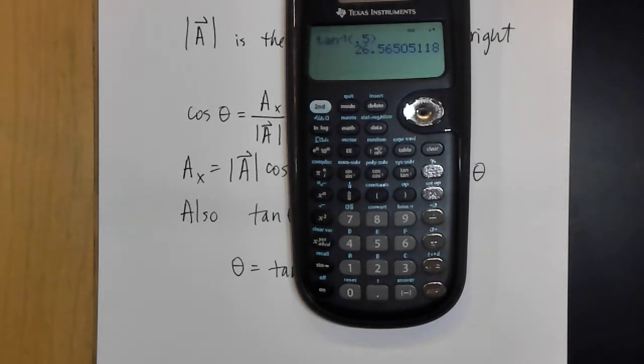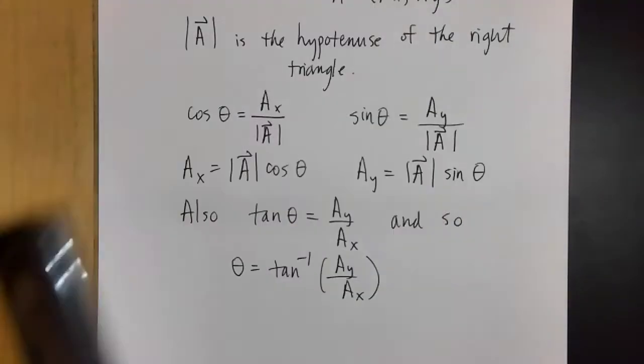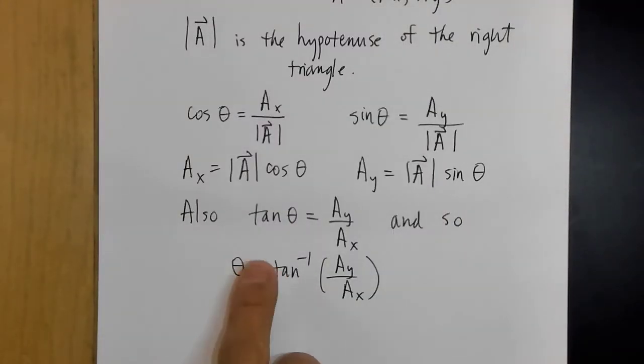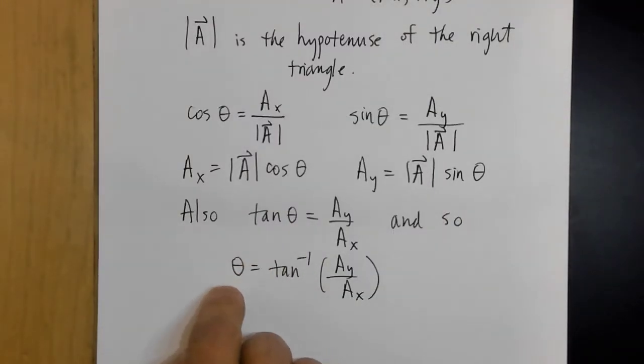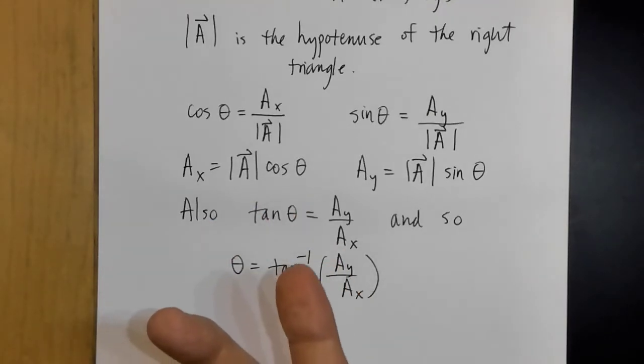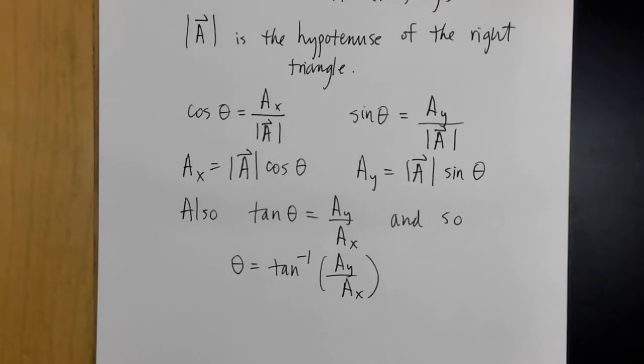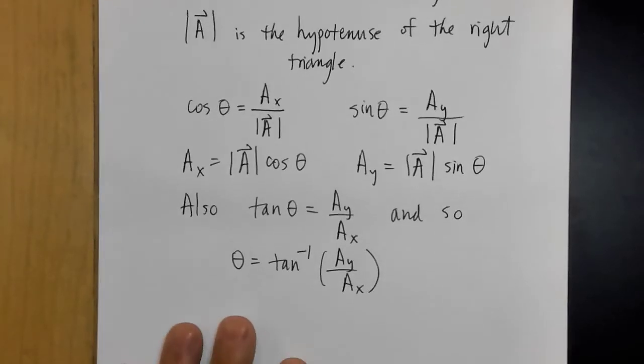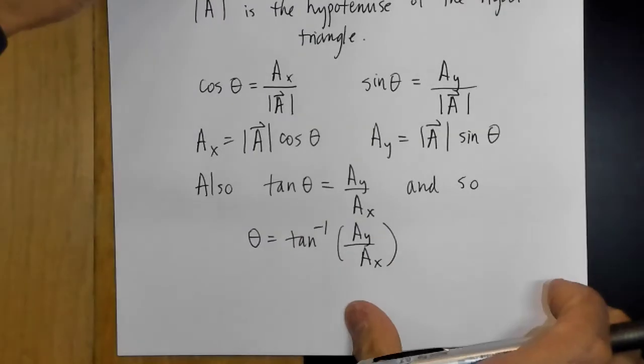The reason is if I added 180 degrees to the answer I get and take the tangent of that angle, it'll be the same thing as the tangent of the original angle. So there's an ambiguity, which kind of scares people because they don't know whether they have the right answer or not. So let me just say this.